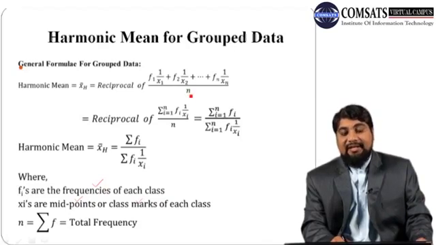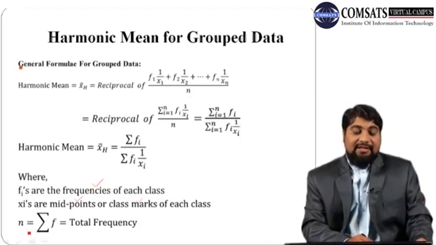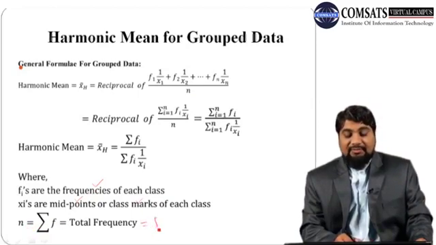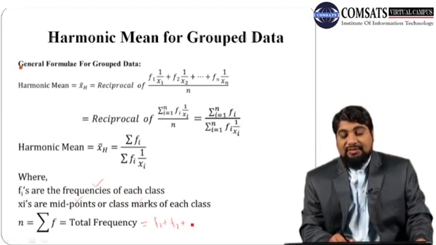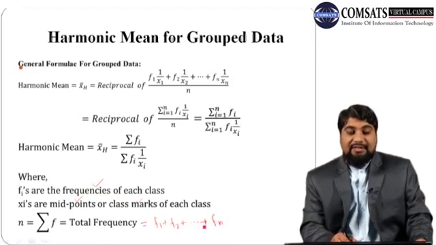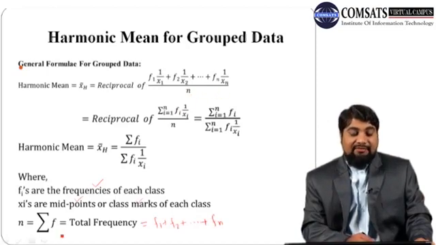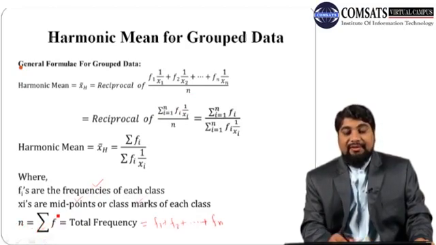Either write n and define that n is summation f, and what is summation f? It is f1 plus f2 plus so on plus fn. Or you can simply write n here and then define that n is summation f.